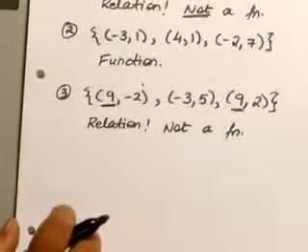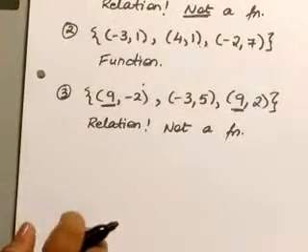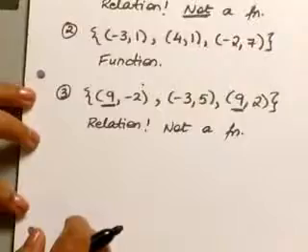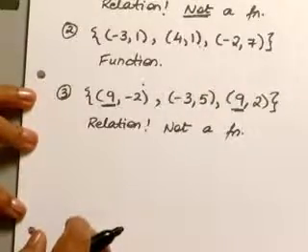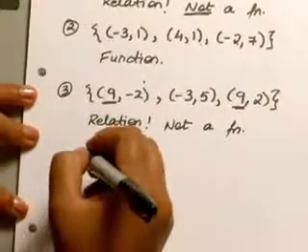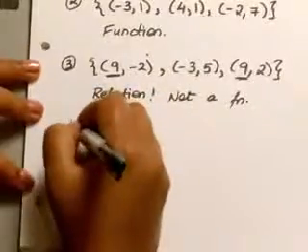Now there are many different forms of the definition for a function you can come across. I just want to give you one more definition for this, so let's look at that.